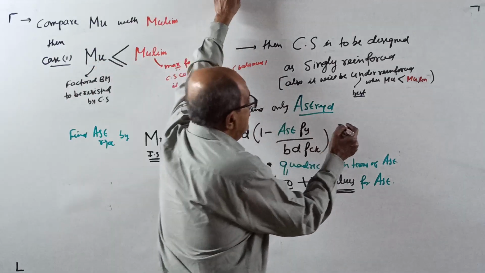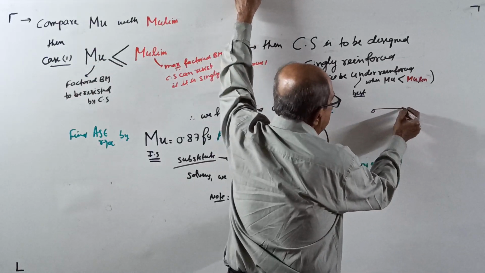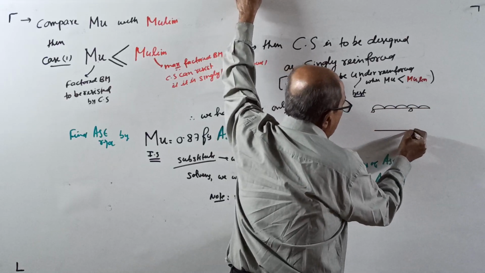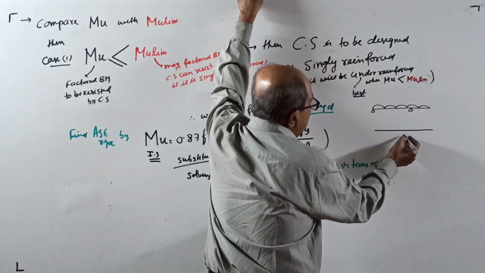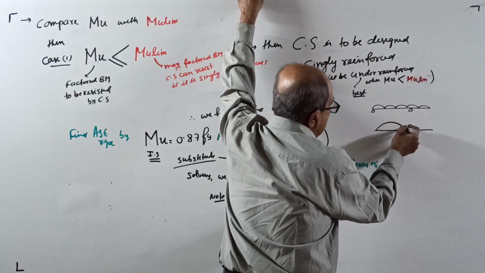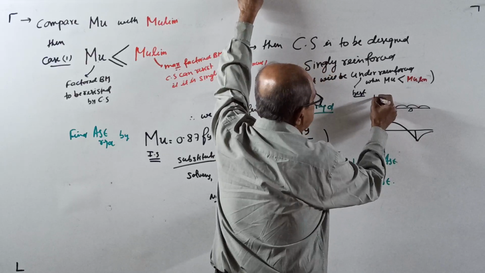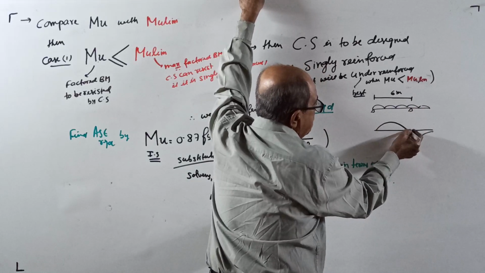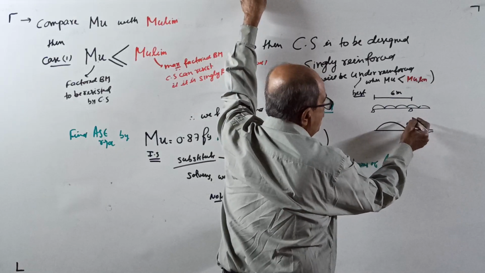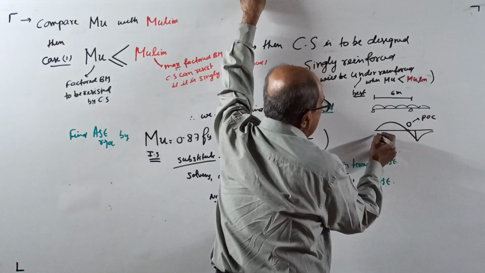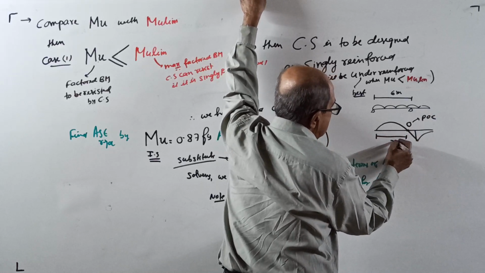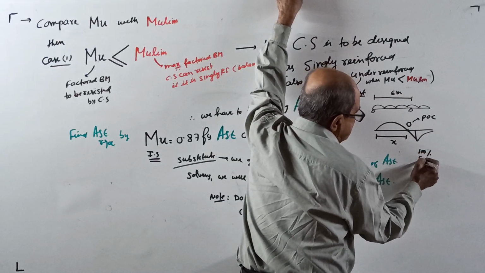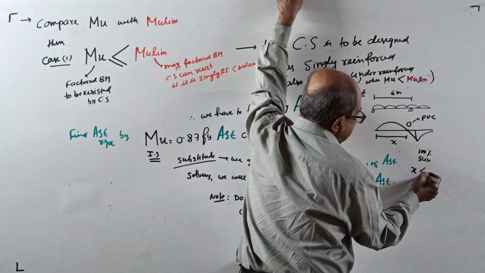See, for example, suppose there is a simply supported beam with UDL. I will draw the BMD on the upper side. Suppose the span is 6 meters. This is called the point of contraflexion. I will put point O, the point of contraflexion, at X from here. This is 6 meters, so 100% sure X is less than 6 meters.